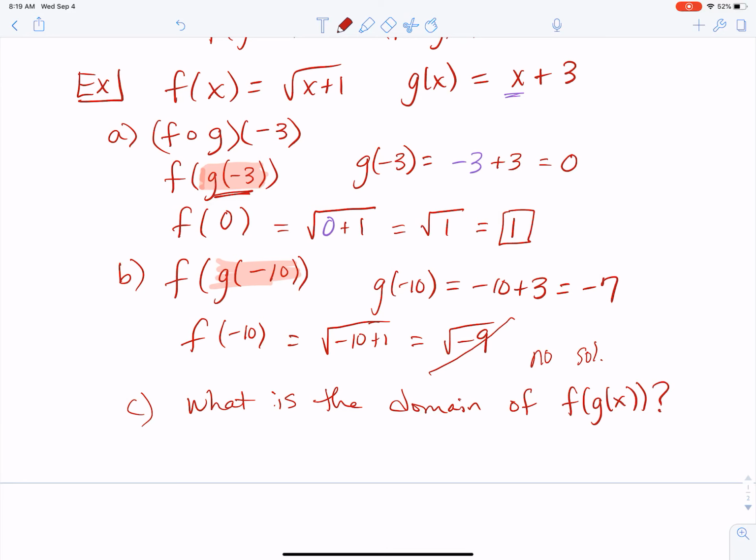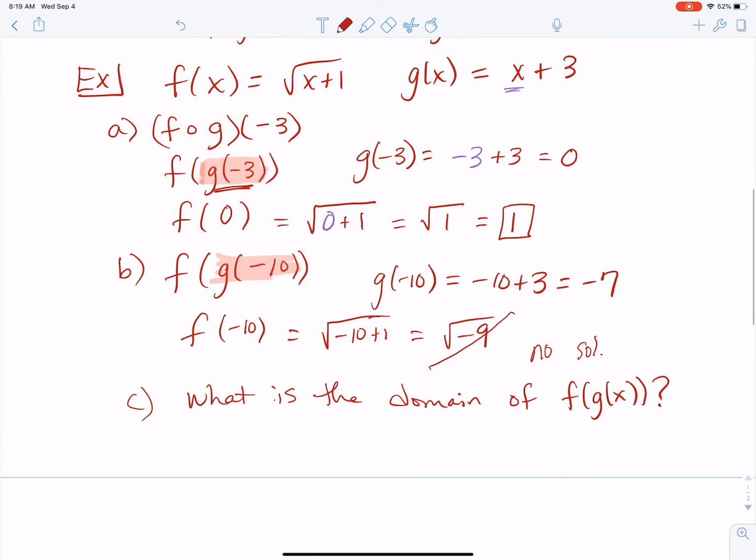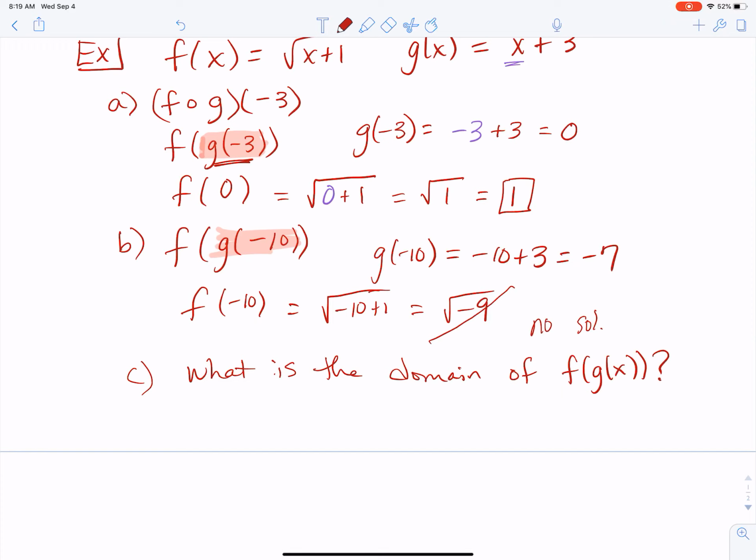There are going to be some restrictions. A lot of you would probably find f of g of x by substituting g of x into f.